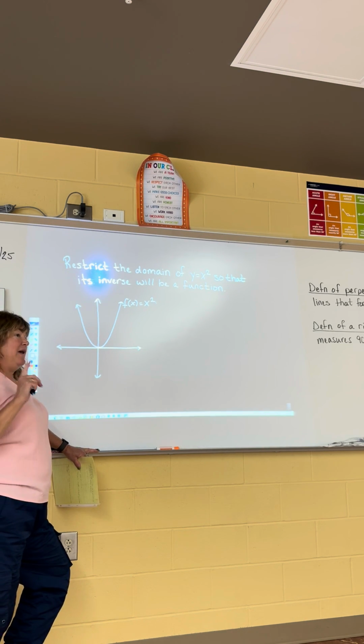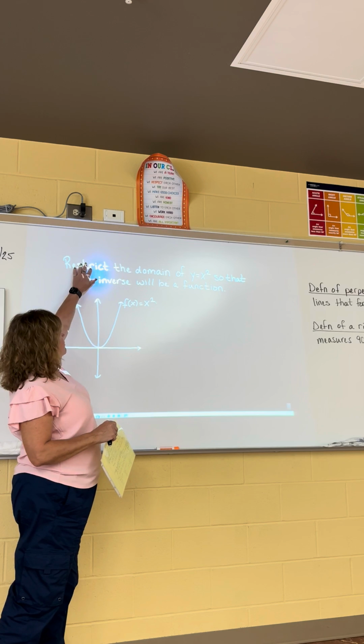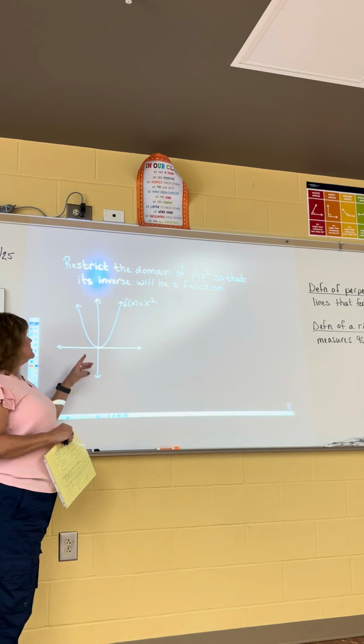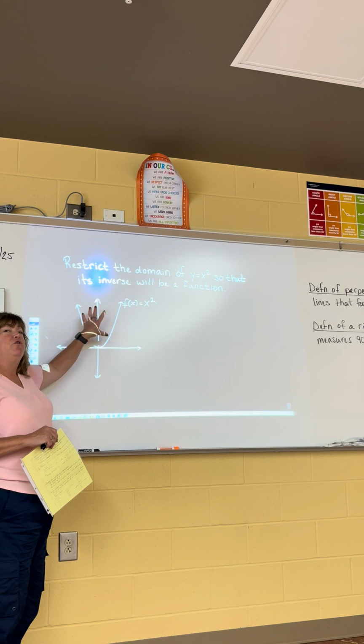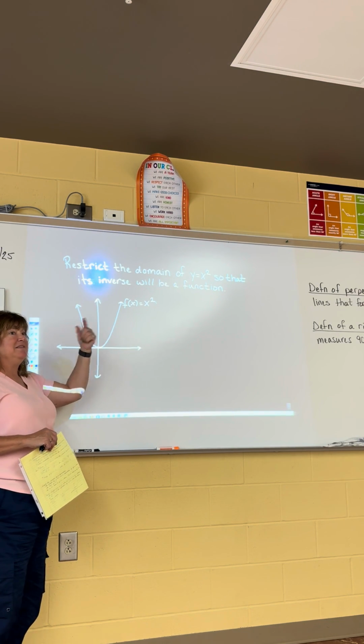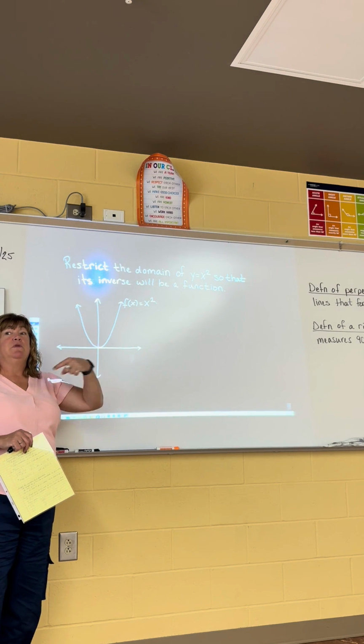What values of x? So restrict. That means I gotta take away some of the domain. What values of x could I erase? What part of the graph could I erase on the board so that when I did the inverse, it would be a function?